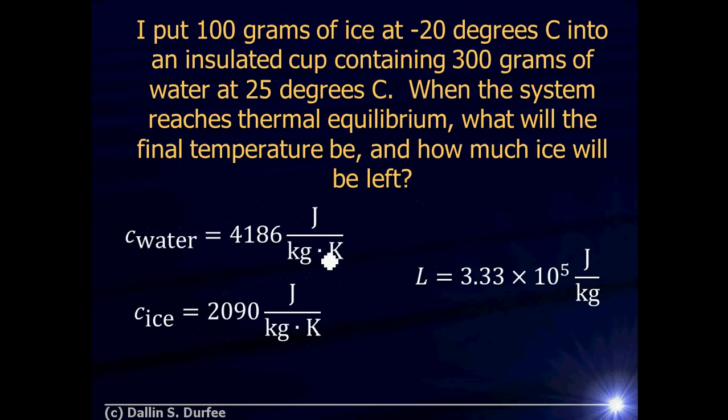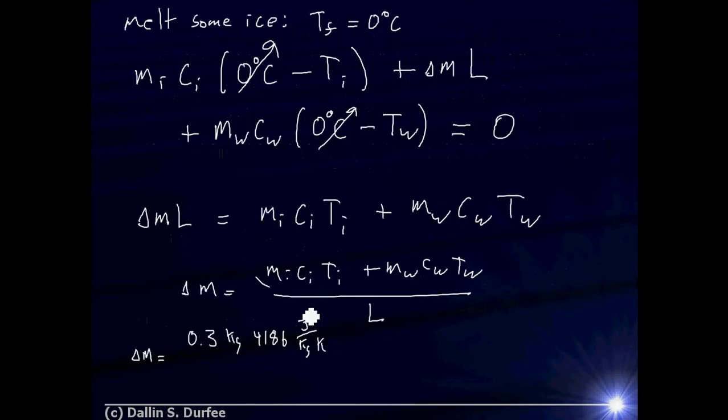So instead of writing this as Celsius, I wrote it as Kelvin, but it's exactly the same because we always use this with a temperature difference, and it was easier to write this because then I didn't have to click and find the degree C symbol in the math library. Okay, then I multiply by the initial temperature, which is minus 20 degrees C. All right, once again, degrees C and Kelvin are different things, but because we're only doing temperature differences, they have the same difference, and I can cancel them.